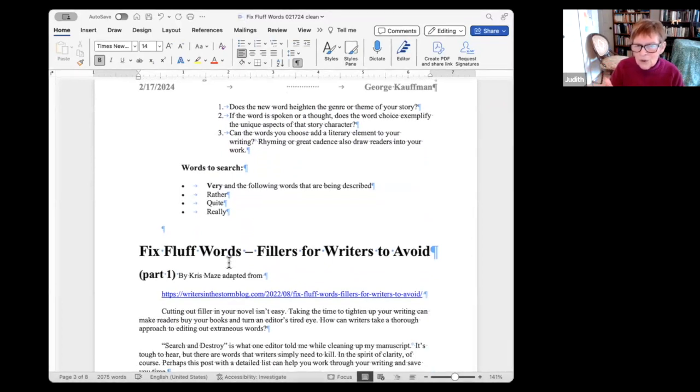If the word is spoken or thought, does the word choice exemplify the unique aspects of that story character? And we'll talk about that a little more. Can the words you choose add a literary element to your writing? Rhythm or cadence also draws readers into your work.